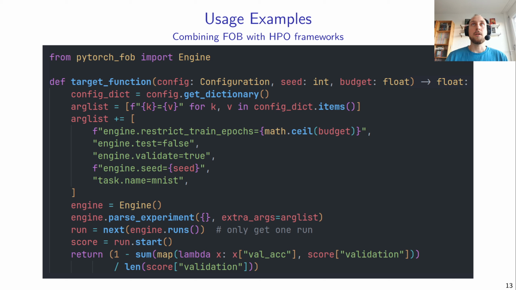You can also use FOB with existing hyperparameter optimization frameworks by importing it into your file and then specifying your target function, which converts a SMAC config into a FOB config. And then FOB will take care of the run training, the checkpointing, and the resuming of runs.